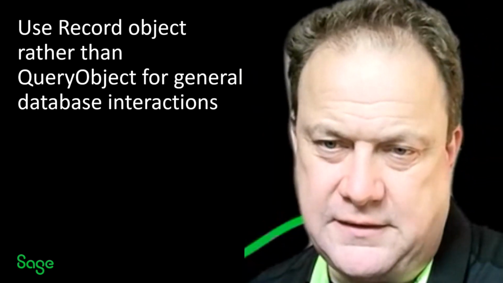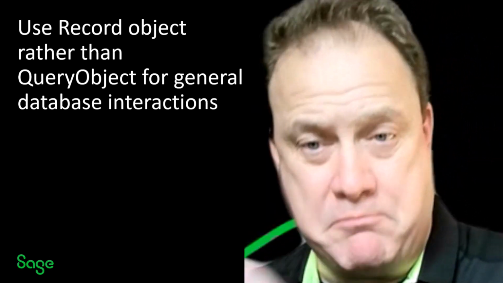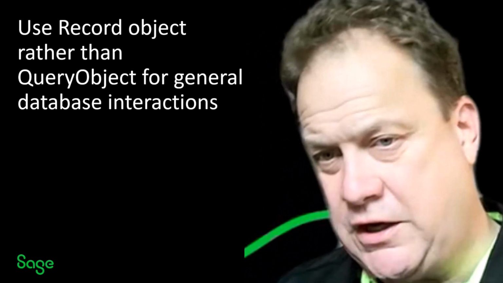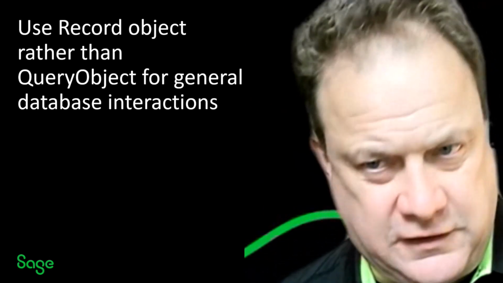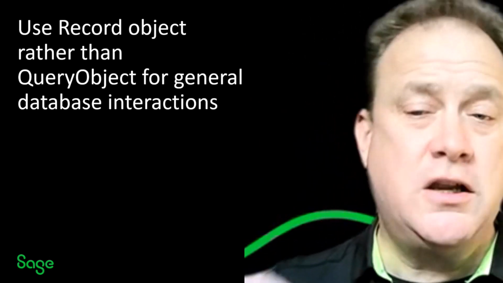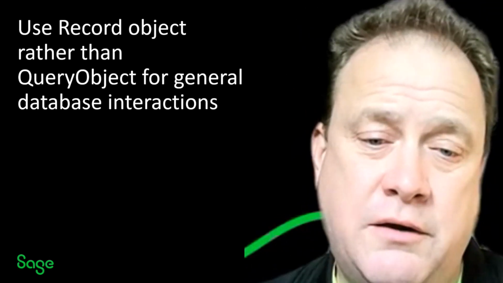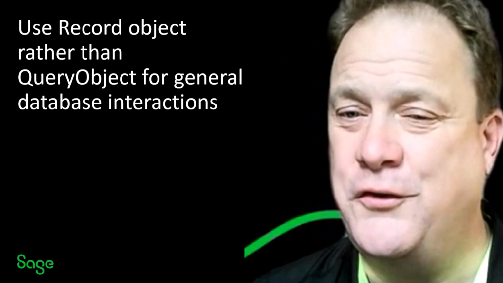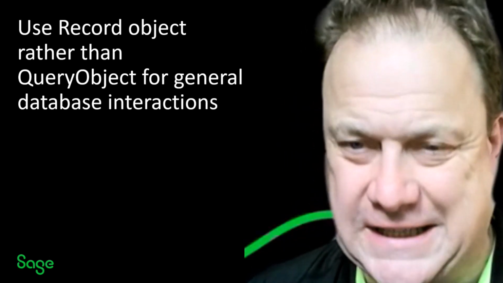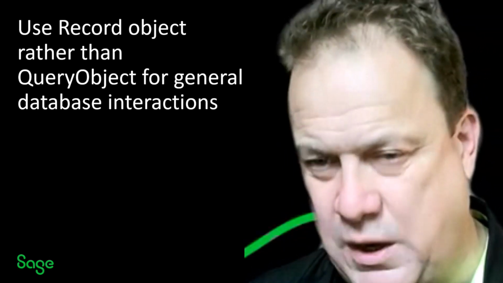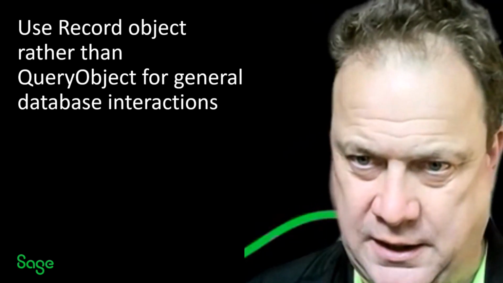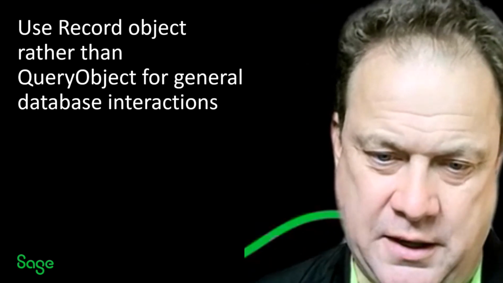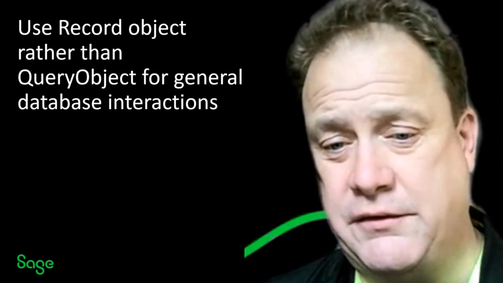So best practice, use the record object because it manages everything for us, but the query object is very useful in certain circumstances where we have to have complete control of the query that is being asked of the system. And this has an impact on internal scripts, the classic ASP pages, as well as the .NET APIs. This doesn't affect any of the other APIs that we'll be looking at in the course of the training.